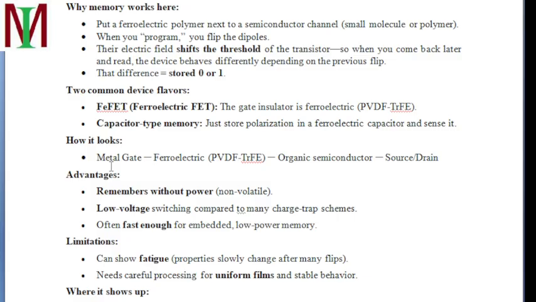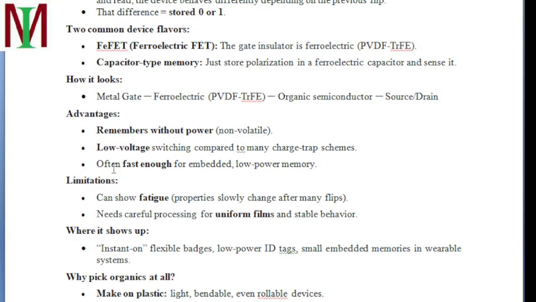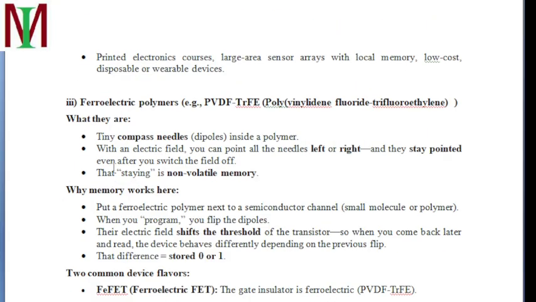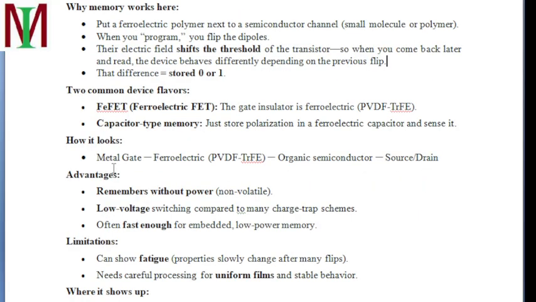Okay. Now two common devices which are used with this type of ferroelectric polymers are ferroelectric field effect transistors, where the gate insulator is ferroelectric, or capacitor type memory. It will just store polarization in a ferroelectric capacitor and sense it.